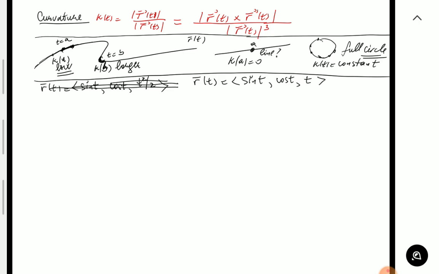Okay. And let's find the curvature. I'm going to specify the point later, but let's just plug in the point later. I mean, the curvature at the point t, I'm going to say something about that t in a moment. So let's do the unit tangent first. Obviously, we need to compute the derivative. So that's going to be cosine of t, minus sine of t, and 1.